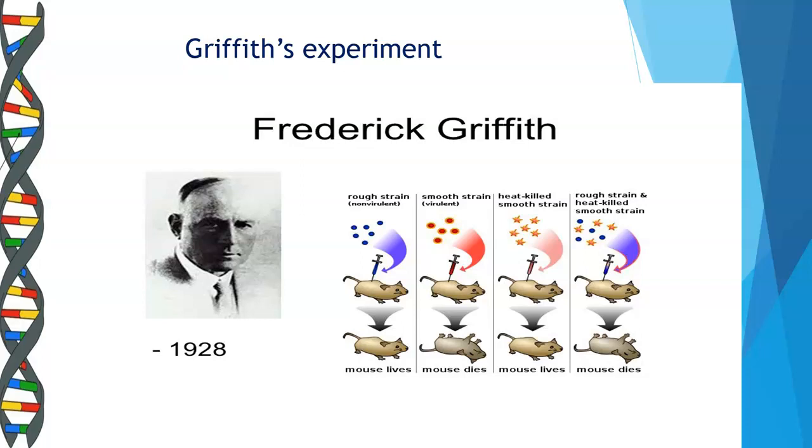And the other strain was non-virulent, rough, non-pathogenic and non-capsulated, which was called the R type. So the basic difference between the smooth and the R strain was that the smooth strain had an extra protective coating on its cell wall, and the rough strain did not have that protective coating.